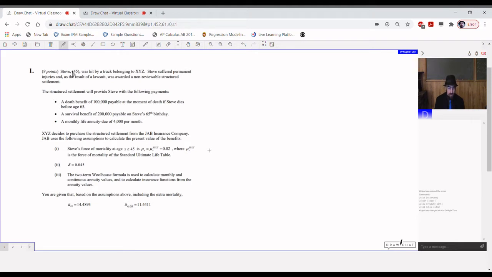The force of interest is 0.045. And the two-term Woolhouse formula is used to calculate mortality and continuous annuity values and to calculate insurance functions from the annuity values. You're also given that based on those assumptions, A double dot 45 equals 14.4893 and A double dot 45 colon angle 20 equals 11.4411.